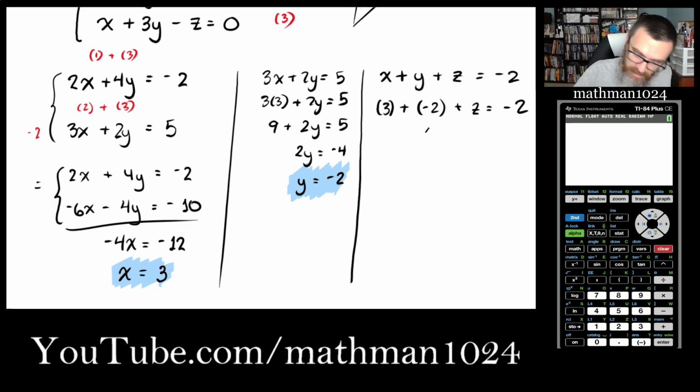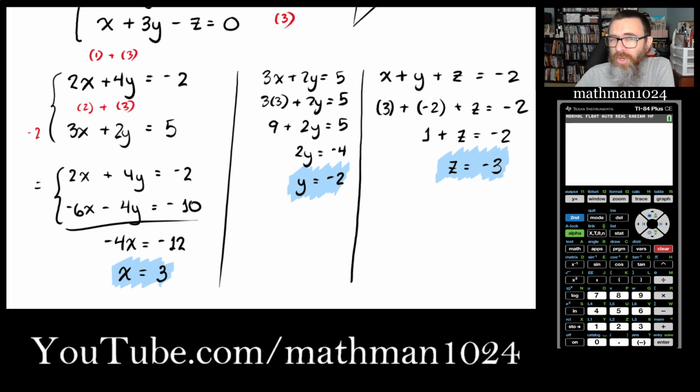That means 1 plus z equals negative 2, so z equals negative 3. Put all of this together and write your ordered triplet. When you just have 2 coordinates it's an ordered pair, with 3 it's an ordered triplet. Go figure. And it has to be in the order x, y, z, just like that.